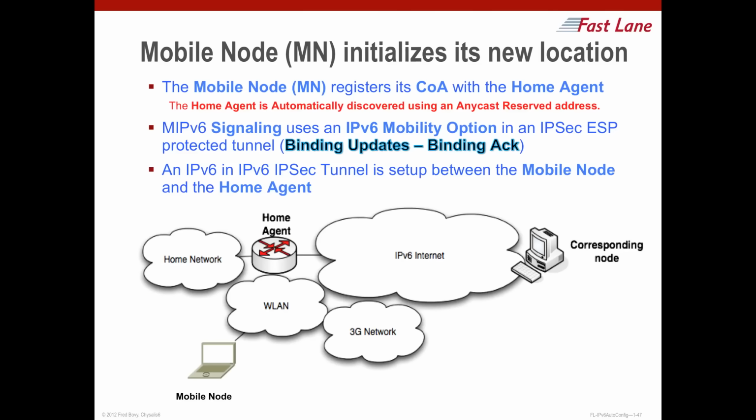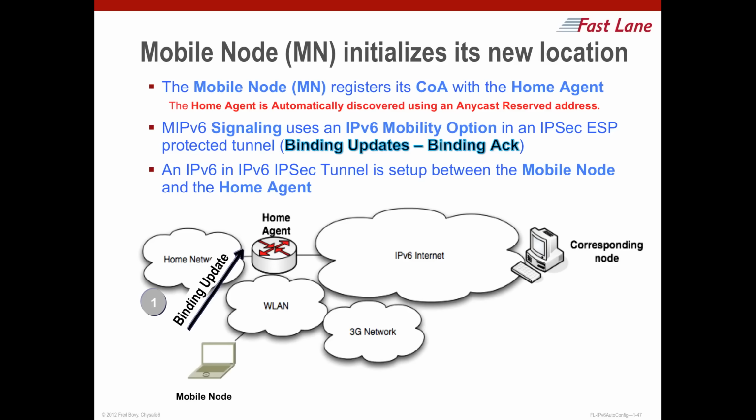Then this care of address is going to be registered with the home agent. The home agent is a function which is running on the home router of the mobile node. So basically, the mobile node is sending a binding update to its home agent, saying, hello, I am a mobile node, this is my home address, and now I am moving, and this is where I am now. This is my care of address.